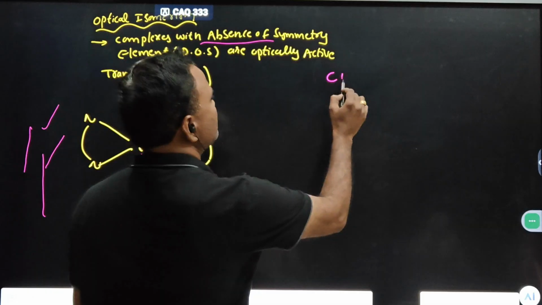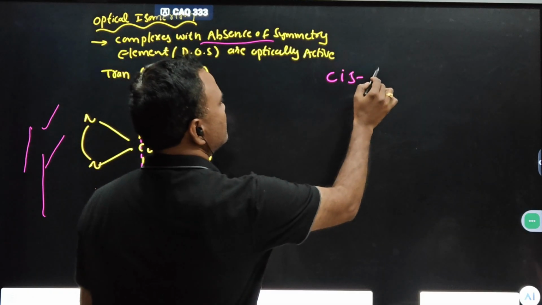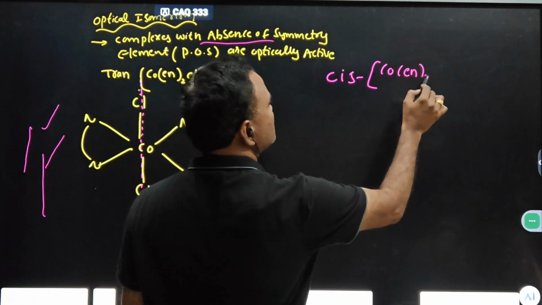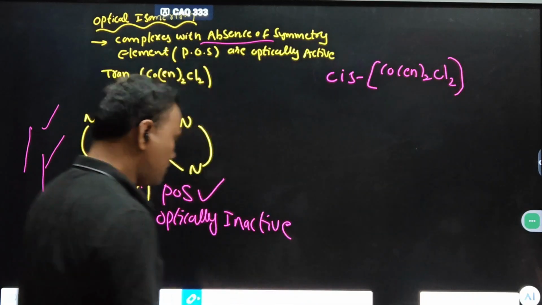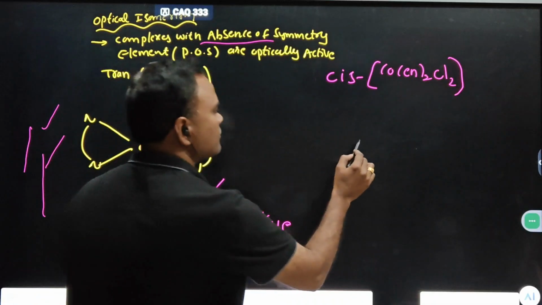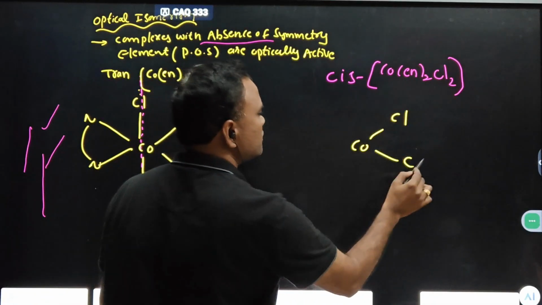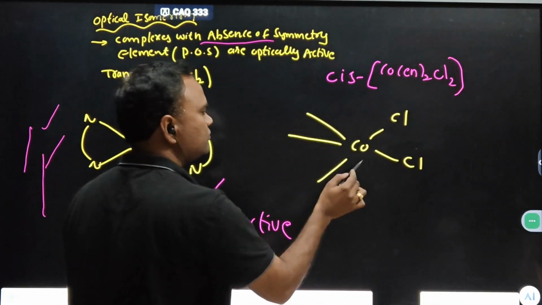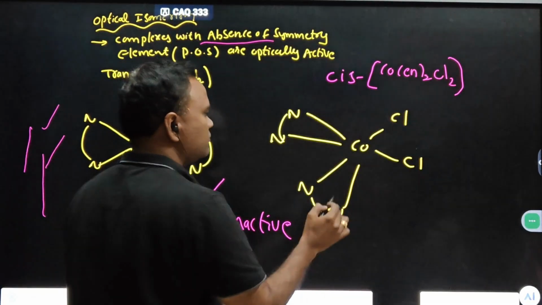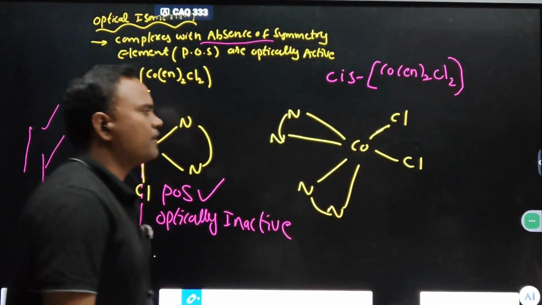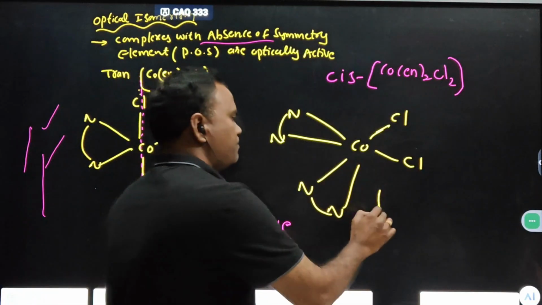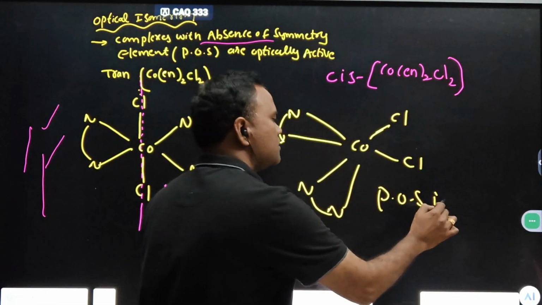I'll give the forms very easily. Cobalt I took, cobalt en taken twice. Take the cis form for this. Co en2 Cl2. In the cis form, the plane of symmetry is not present. POS is absent.